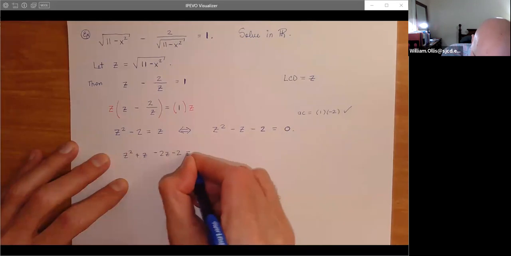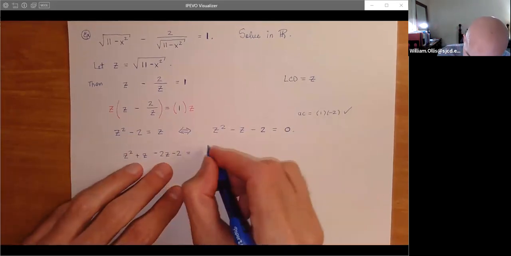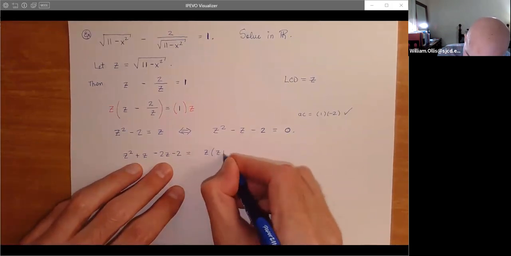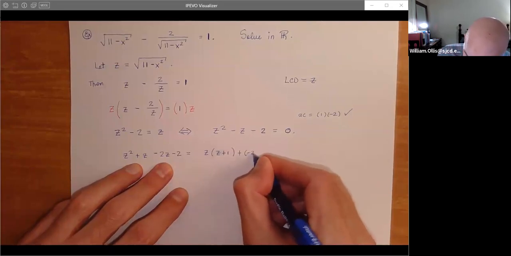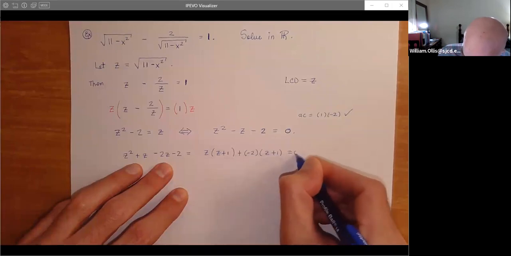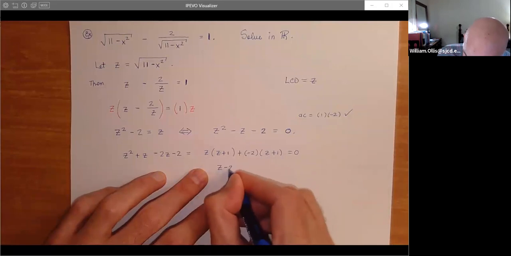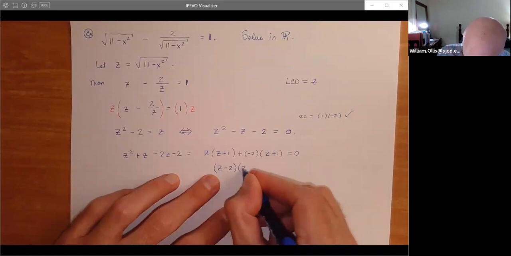Of course, you could factor this in your head, but I just want to go ahead and use the technique I've taught you. So this will give us z times (z plus 1) plus negative 2 times (z plus 1) equals 0. So now we have (z minus 2)(z plus 1).